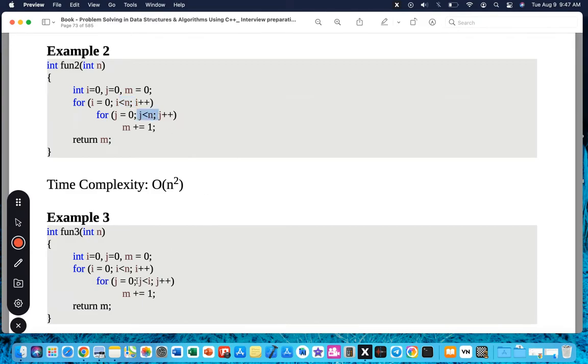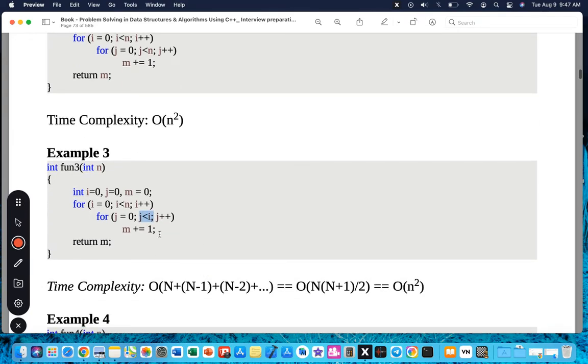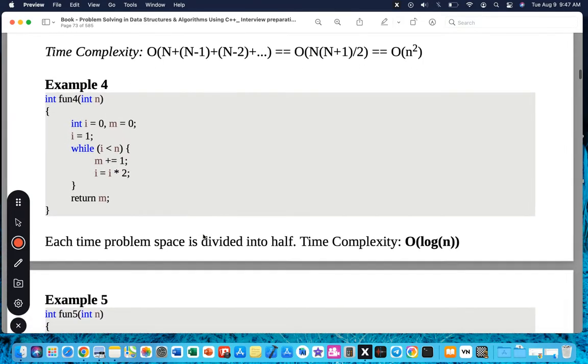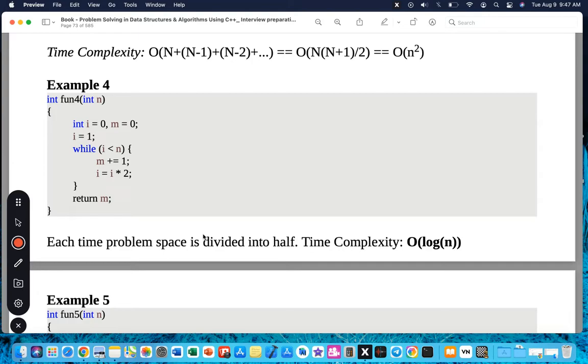And in the second, we are comparing the j with the i. So every time we are comparing the j with the i, not with the n. Okay. Time complexity n square.